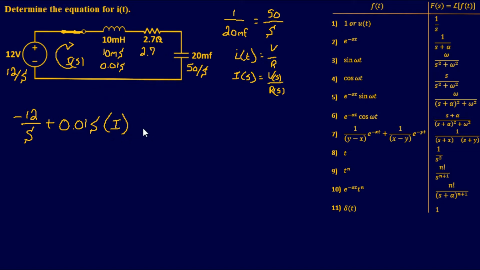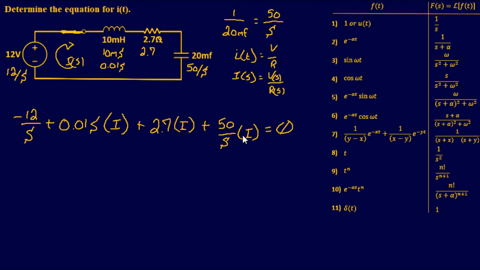So that's our current. Then it's going to be plus, and then we have our resistance, which is 2.7, and again, times our current. That's going to be plus, and this is going to be our capacitor, which is going to be 50 over S, and that's going to be times I. And that's going to equal 0.